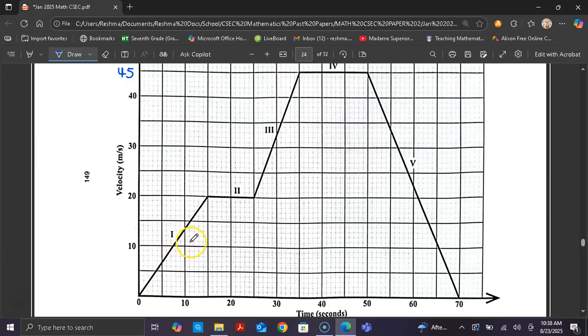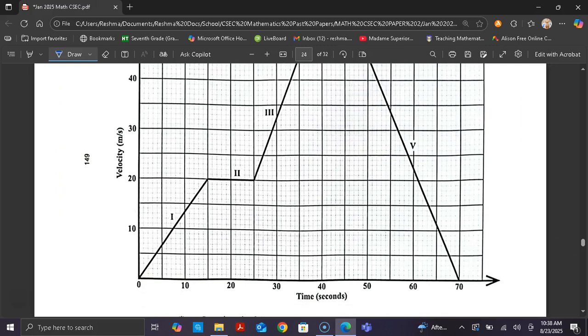So if we take the point on the graph from 0, 0 to this point here, let's figure out what the x-coordinate is. If we go down, that will be 15, midway between 10 and 20. So this point here is 15, 20. It means the car traveled up to 20 meters per second in 15 seconds.